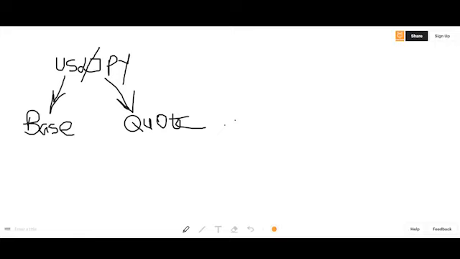Let me give you an example of major pairs. You can write them down. We have Euro USD. Euro USD is a major pair.